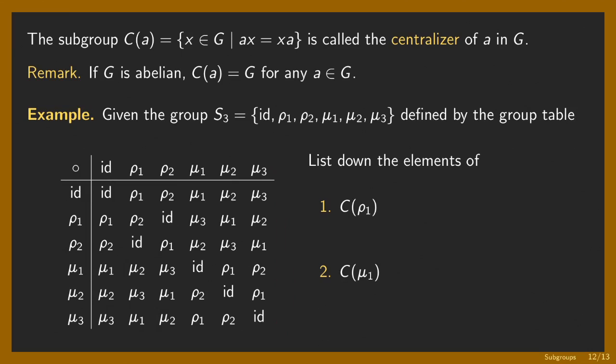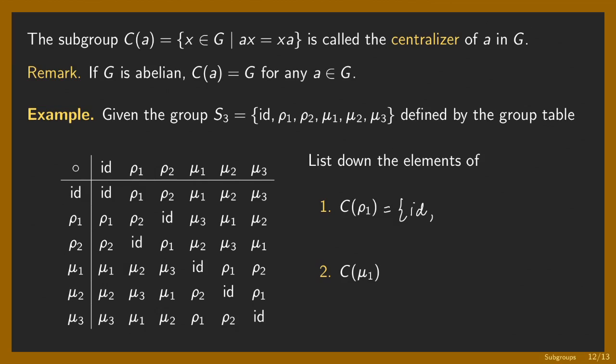Now we want to know the centralizer of row 1. How do we know the elements in the centralizer of row 1? First of all, the identity is there because this is a subgroup. Okay.